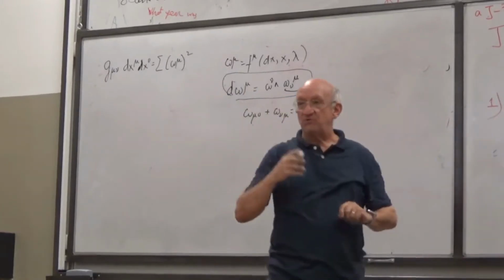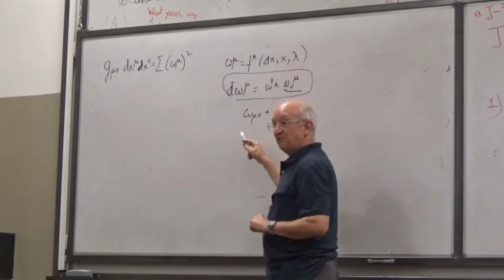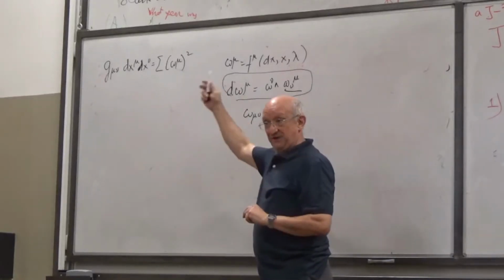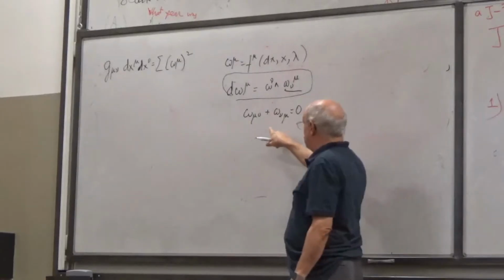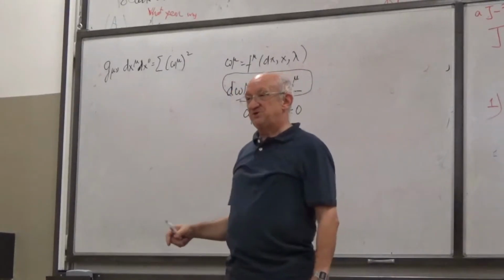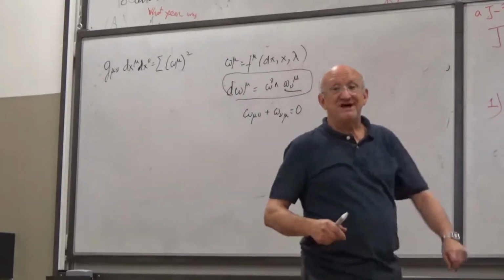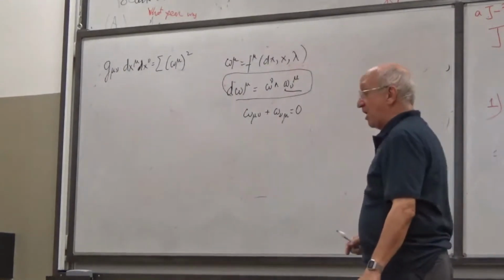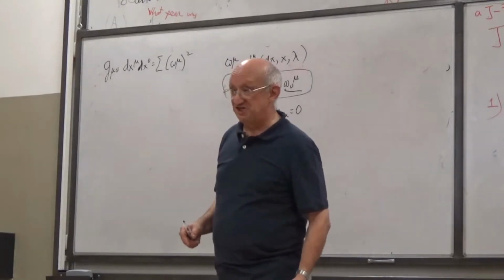For those of you who have taken general relativity, you have seen the form with other types of bases, not orthogonal bases, omega mu nu plus omega nu mu equal to 0, which you have found under the statement that the covariant derivative of the metric is 0.